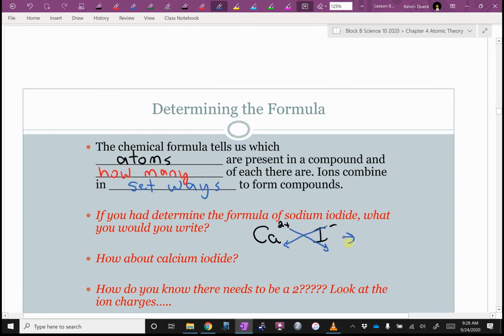That's going to move there. The formula is going to be Ca1I2. Although, will I write the 1? No. So I'm going to stop writing the 1s from now on. That is the formula for calcium iodide. That's the crisscross rule. So let's write that in our notes now.